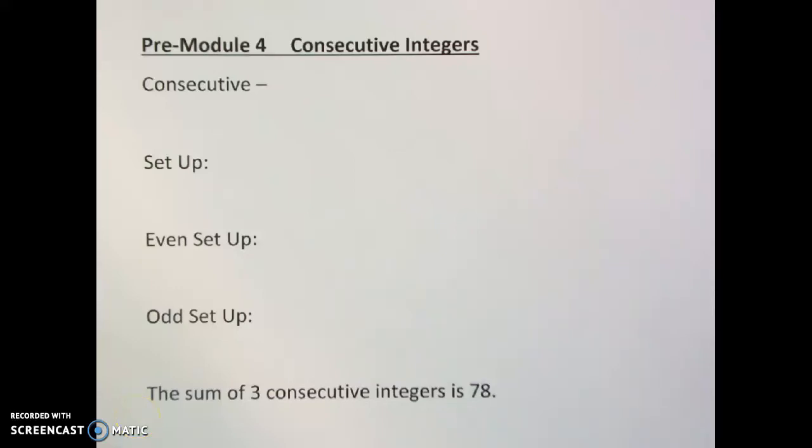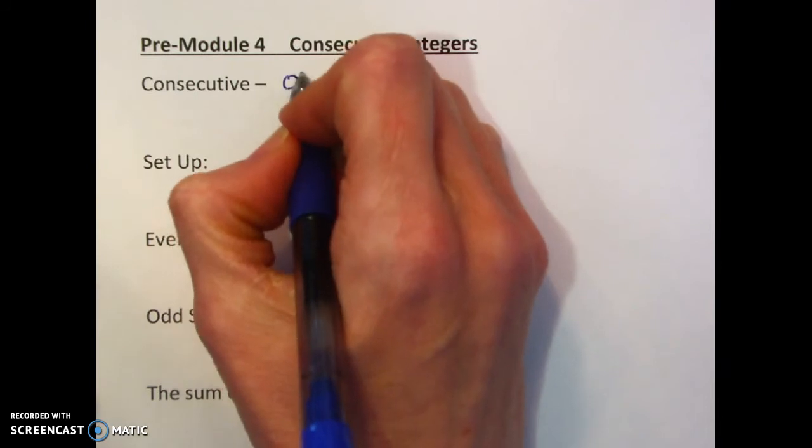Pre-module 4, consecutive integers. Consecutive means what? Consecutive means one right after another.